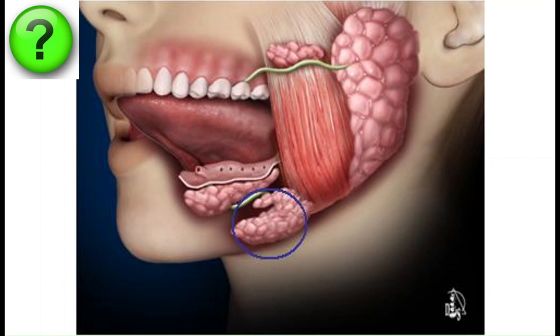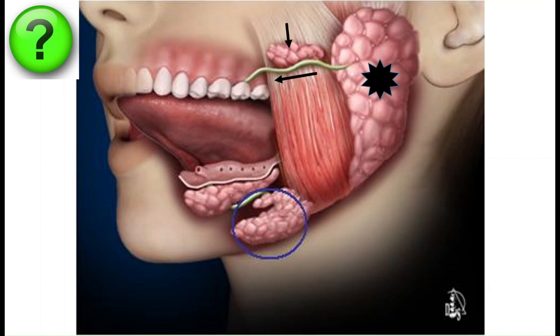Now, this is the parotid gland, which we are going to talk about in detail in the next slides, and it has its own duct. That's one of the properties of major salivary glands, and this duct is called Stenson's duct, and we have seen it piercing the buccinator and opening opposite the upper second molar.